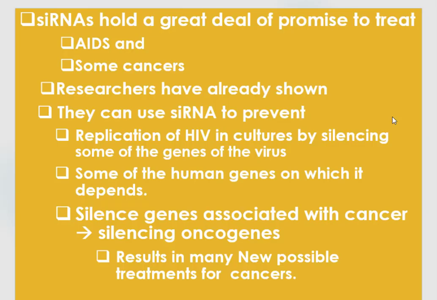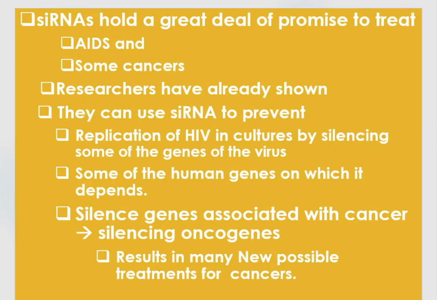From the RNA interfering mechanism, most biologists believe that short interfering RNA holds a great deal of promise to treat AIDS and some cancers. Researchers have already shown this action. They can use short interfering RNA to prevent replication of HIV in cultures by silencing some of the genes on the HIV virus, or to silence some of the human genes on which the HIV virus depends.